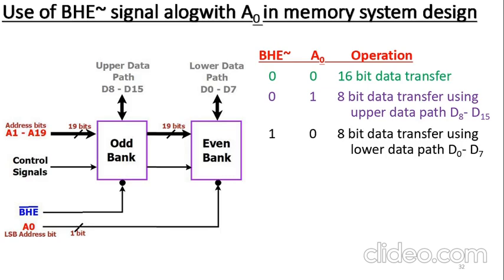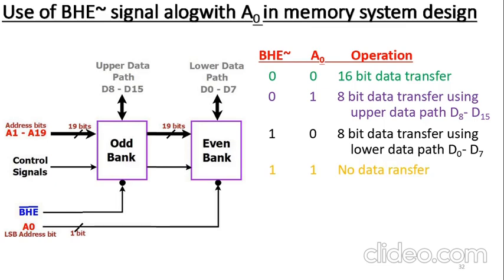Then the next possibility is 1, 0. In that case, BHE bar is 1, so the odd bank is disabled. But A0 is equal to 0, so the even bank is enabled. And since the even bank is enabled, transfer of data will be through the lower data path D0 to D7 and it is just 8 bit. So it is clearly stated: 8 bit data transfer using the lower data path D0 to D7.